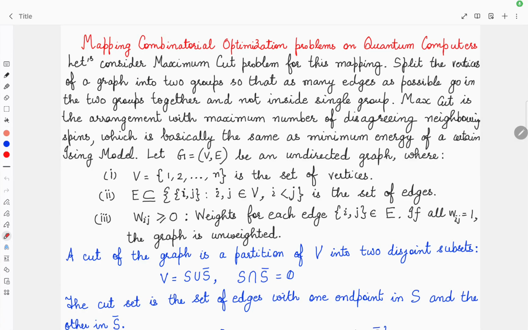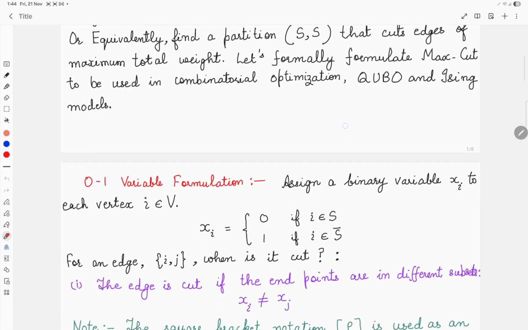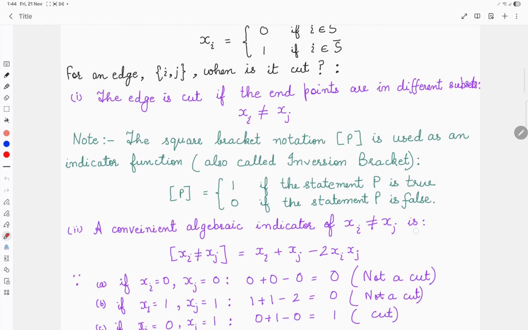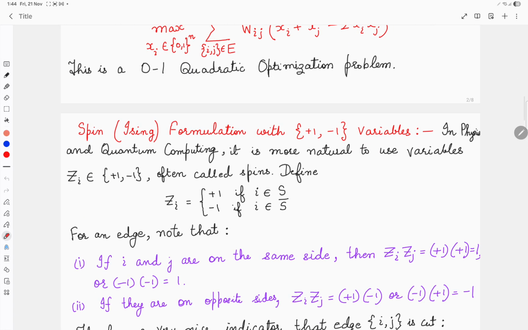Hello everybody. In the previous lecture, I have just explained how the MaxCut problem is a combinatorial optimization problem and how it becomes a 0-1 variable formulation. In this lecture, we will see the spin or the classical Ising model formulation with +1, -1 variables.